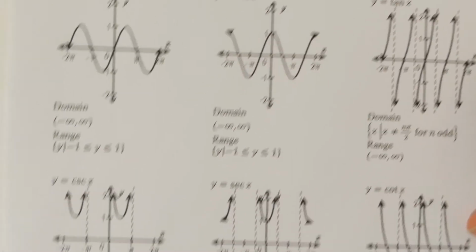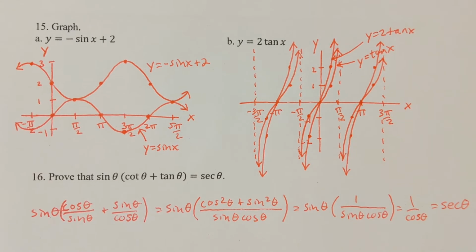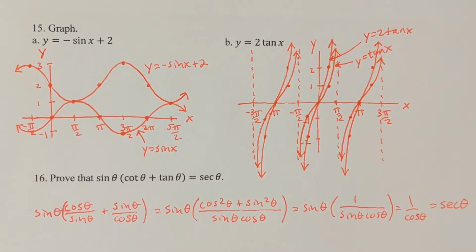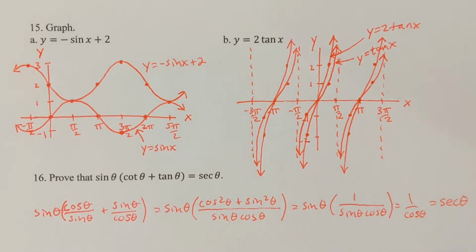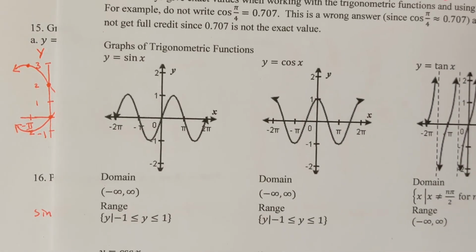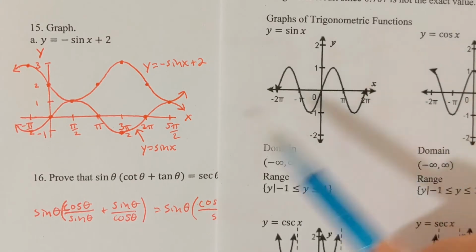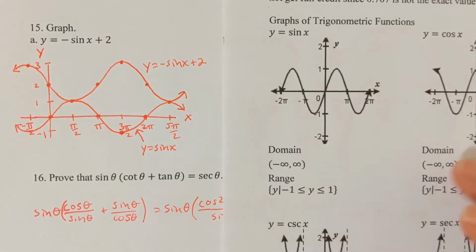Now, of course, I can use the knowledge that I have about transformations to build many more graphs, right? Like in problem 15 here, if I want to graph y equals negative sine x plus 2, well, I know I'm going to take the sine curve as my basic function, and so I've regraphed that on this picture.